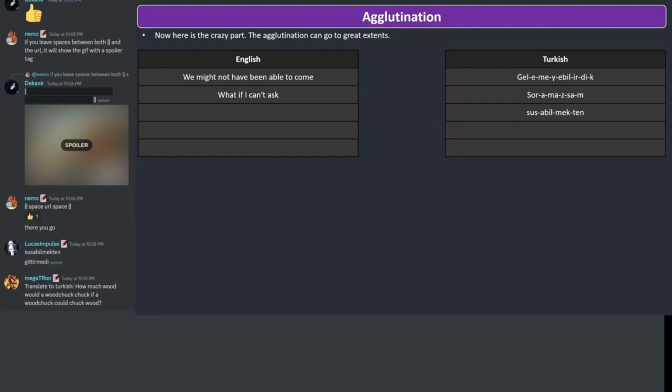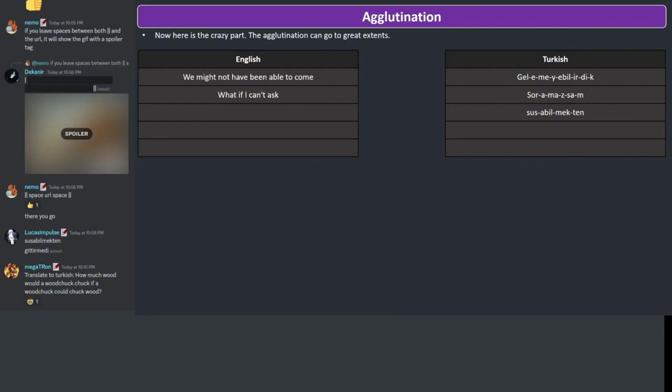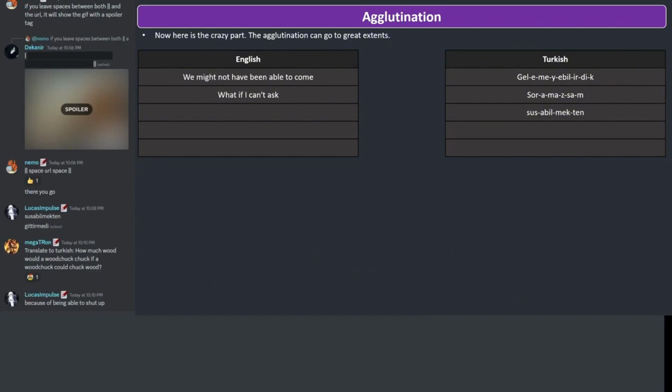Mek makes the verb a noun, and abil is being able to something, and susmak is a tricky verb. I don't think in English there's an equivalent. When you say sus, it is like stop talking, shut up, don't talk.